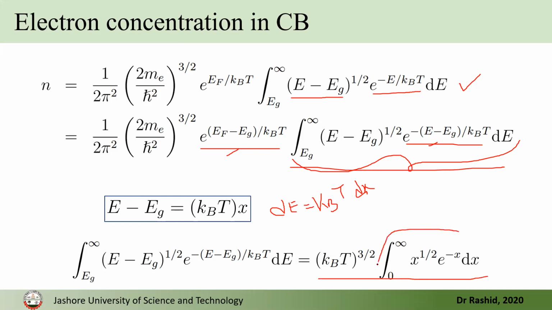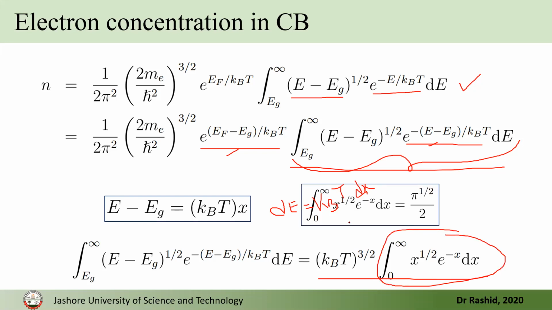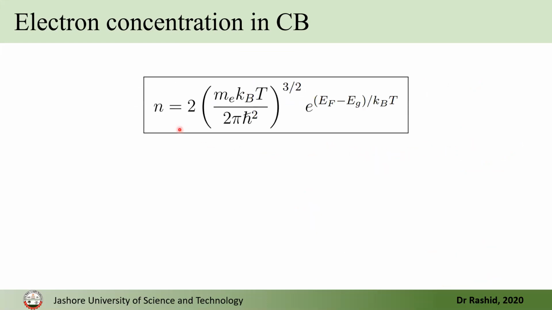So now we need to evaluate this term, but this is a standard integral with the result of square root pi over 2. So when we substitute this value here, this results in this expression, and we have n equals this.